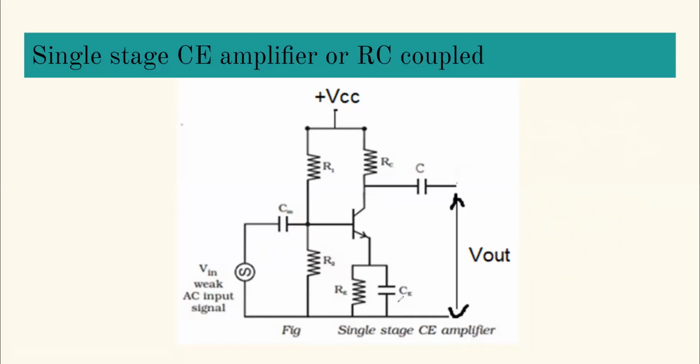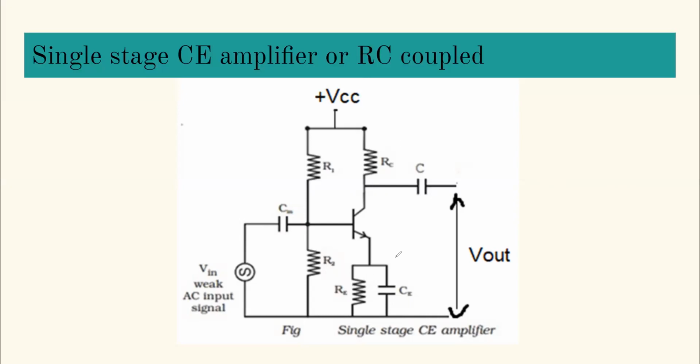Okay, there is one more capacitor CE, that is connected across RE. Right now, this is the bypass capacitor. इसको बोलते हैं bypass capacitor. What does it do? It bypasses all the AC currents that are coming from the emitter.